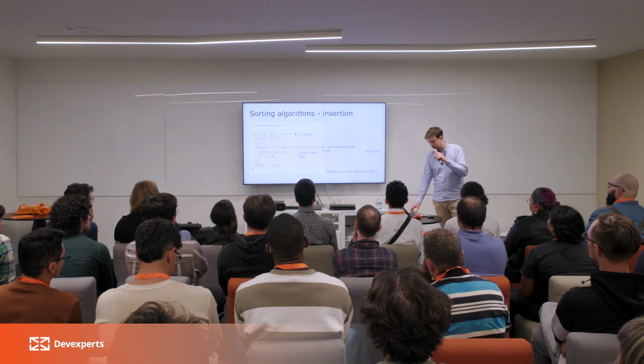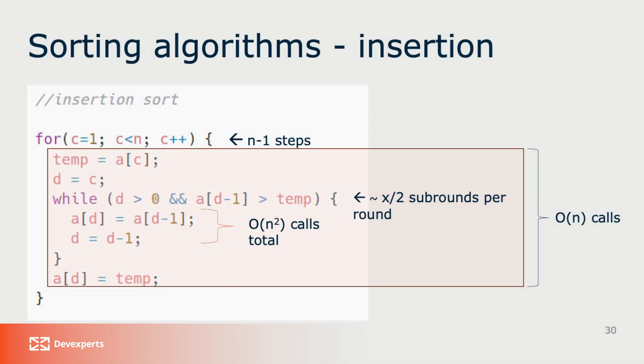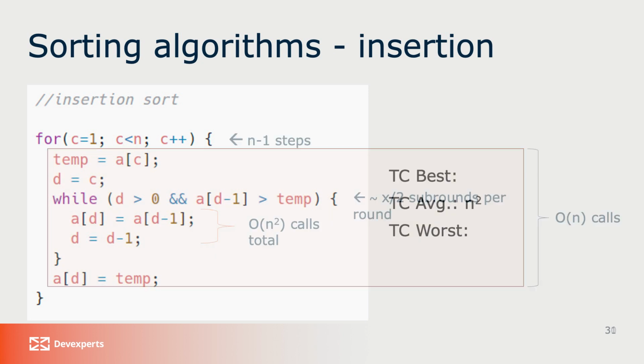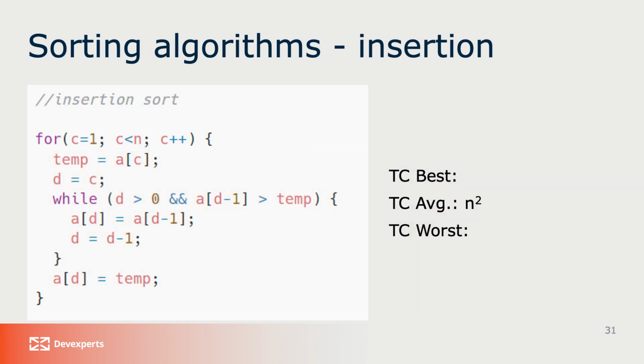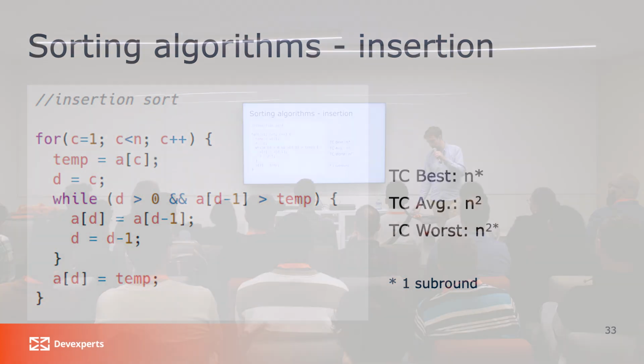So we can say that this function is going to be an average of n squared, a worst case scenario also of n squared, as we have two then inside the while loop, and the best case scenario of n if we only have one sub-round per item inside our list.